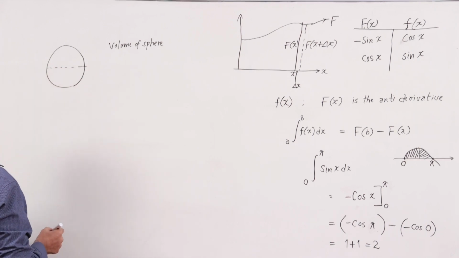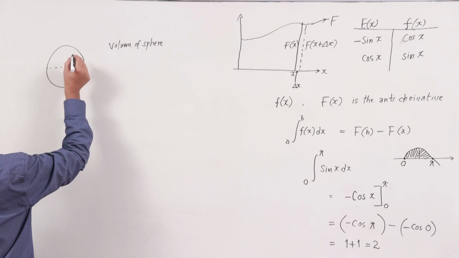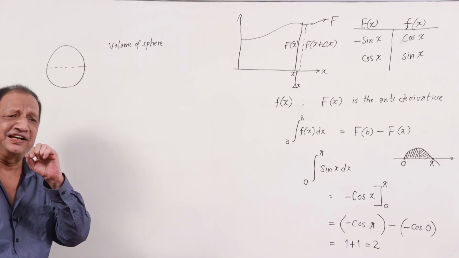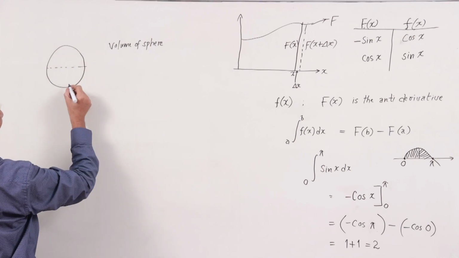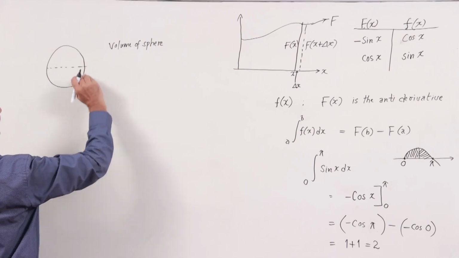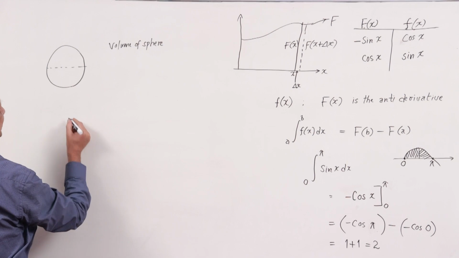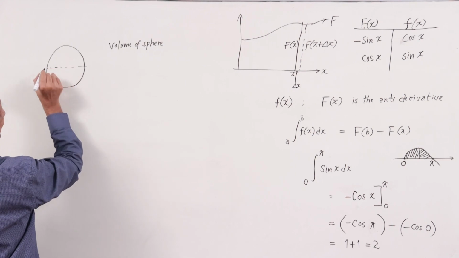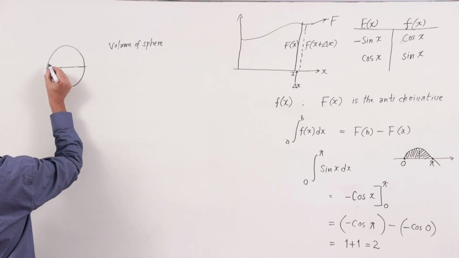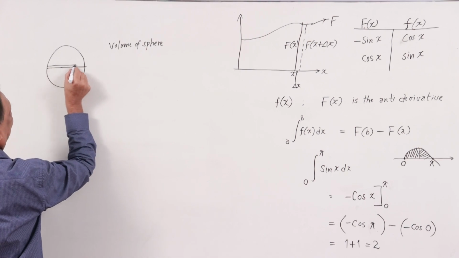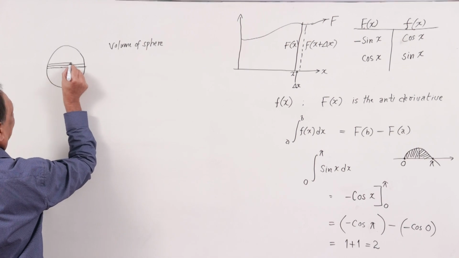How do you find the volume of a sphere? You cut that into thin slices, very thin slices, and integrate. Or you can take a hemisphere, because now it is both increasing and decreasing, so probably you can work with one direction. So we'll take a hemisphere, half of the sphere, and cut that into so many slices. Right.